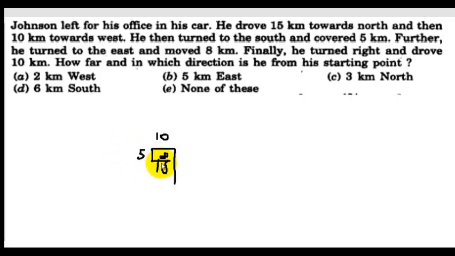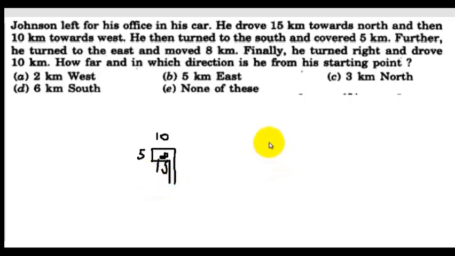Finally, he turned right and drove 10 kilometers. Now, when you are facing east, your right will be the downside. Go from there for 10 kilometers. Here is the distance, which is exactly 15.